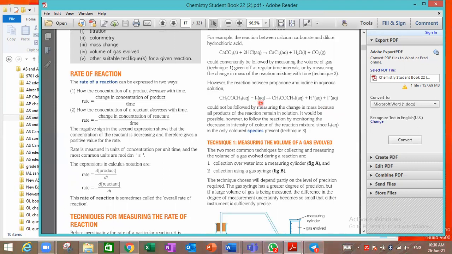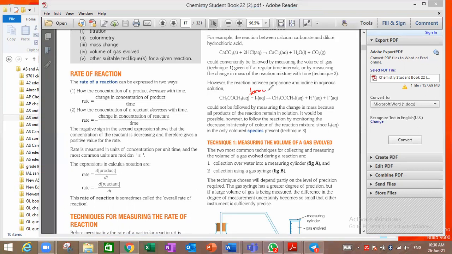We know that iodine in aqueous solution is brown in color. So we will find that this brown color fades with time. The brown color of iodine fades with time as more and more of the iodine reacts with the propanone to form the iodopropanone.